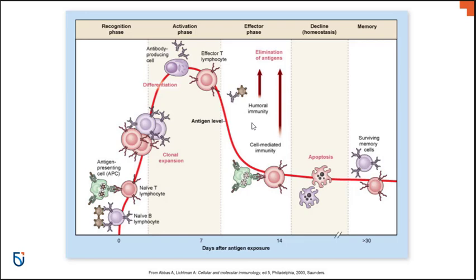Both antibody-mediated immunity and cell-mediated immunity will take place. As antigen levels decline, effector cells will die off through pre-programmed cell death, and the memory cells will remain to be ready to very quickly engage and be prepared for the antigen if it does enter the body again.